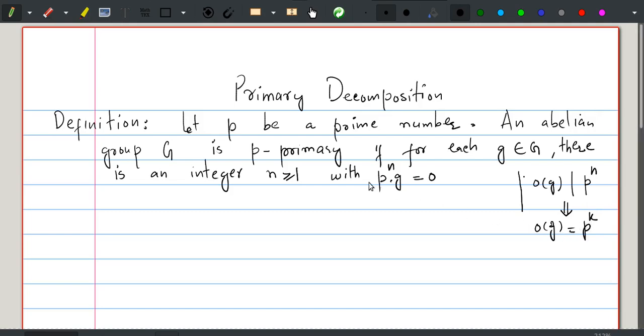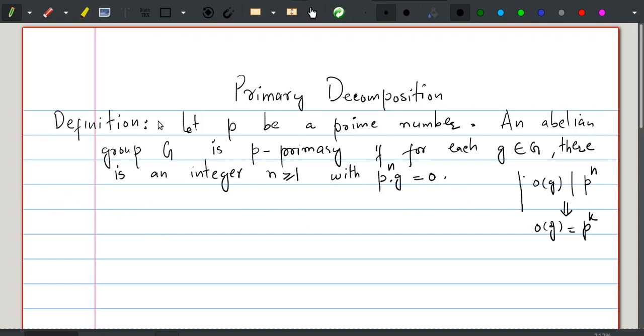So suppose we have an abelian group G and a prime p. Then G is said to be p primary if every element of G has order p to the power some positive integer.